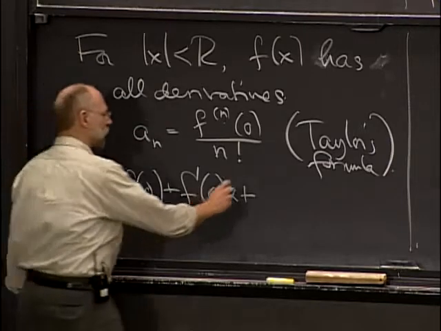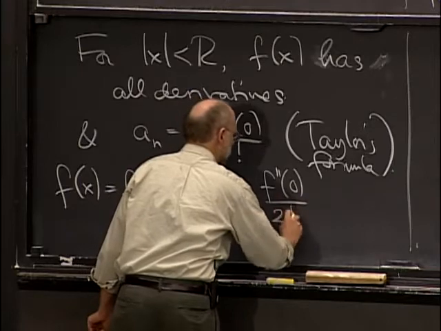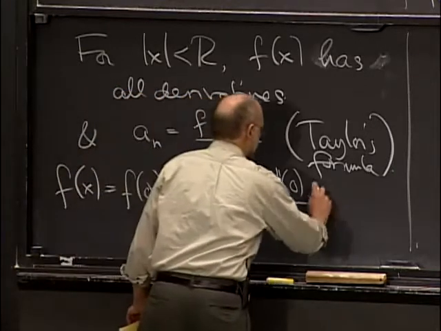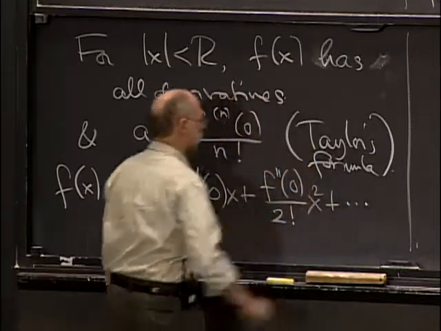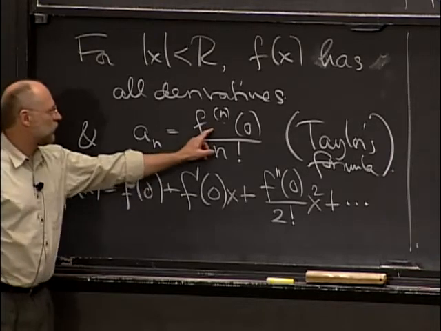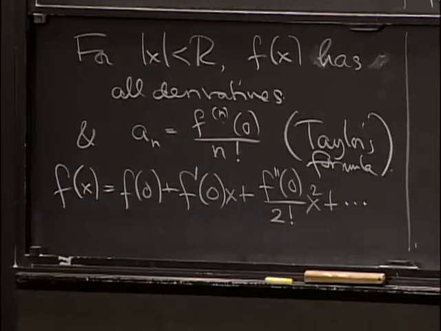That's the linear term in the power series. And then the quadratic term is you take the second derivative, remember to divide by 2 factorial, which is 2, multiply that by x squared, and so on out. So the coefficients in the power series just record the values of the derivatives of the function at x equals 0. And they can be computed that way also.